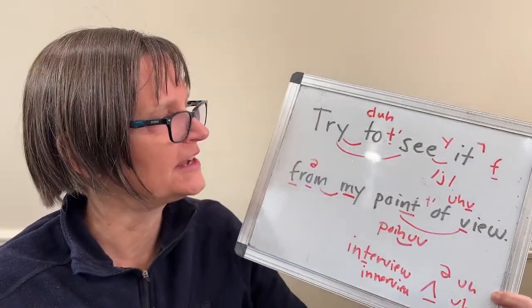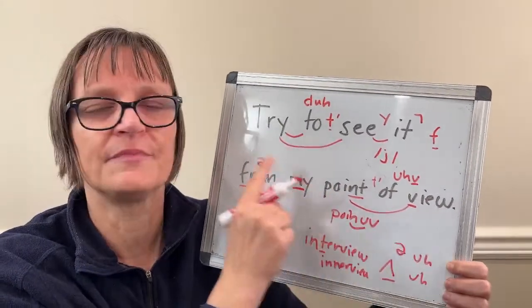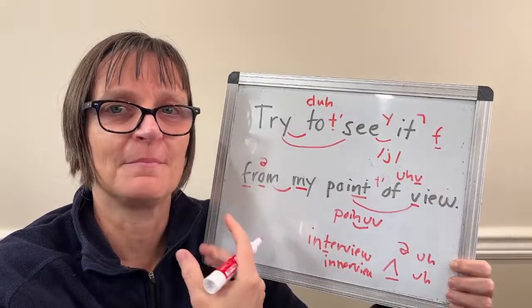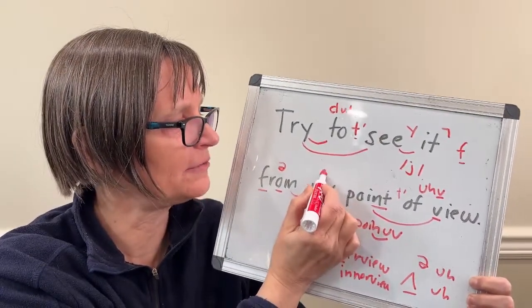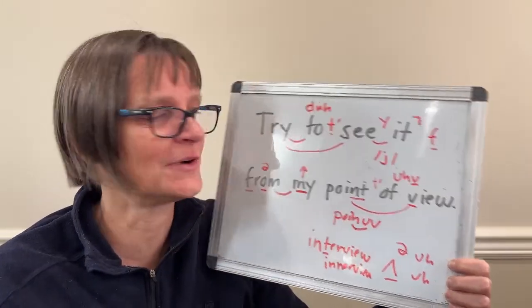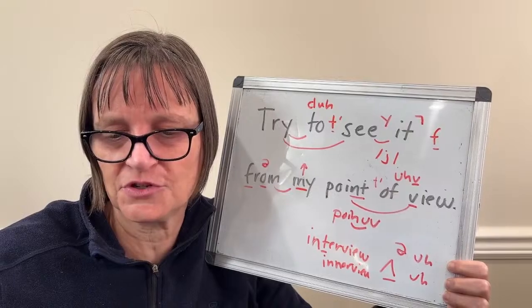So putting it all together: try to see it from my point of view. Try to see it from my point of view. Try to see it from my point of view. So a little extra stress on "my." I might raise it up even higher in pitch if I really want to make it clear that that's where I'm stressing. Let's practice with this and then we'll turn to your questions.